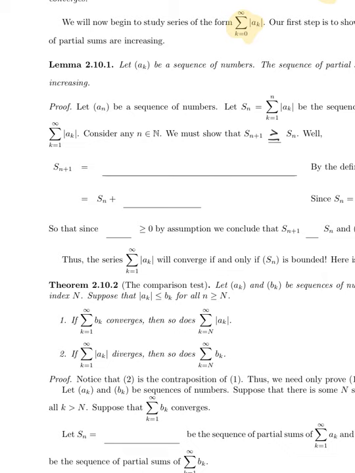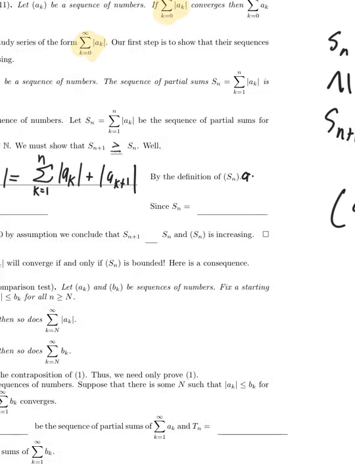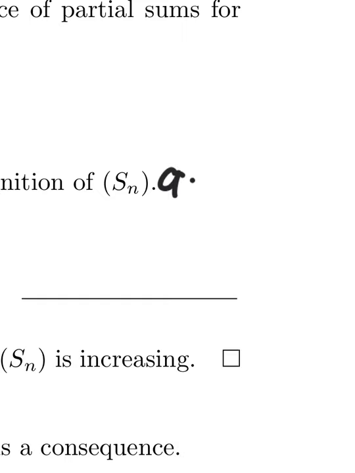Sn plus 1 is given by the sum from k equals 1 to n plus 1 of absolute ak. But that's exactly the same as the sum from k equals 1 to n of absolute ak plus absolute a(n plus 1), by pulling out that last term.